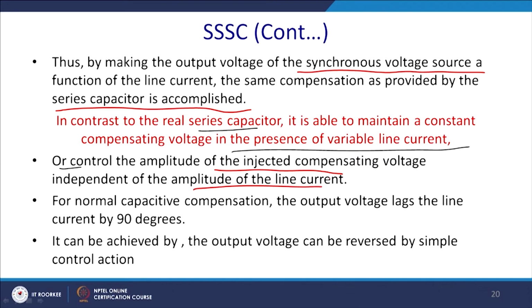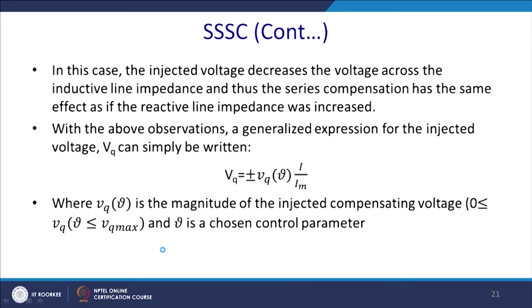So, what happened then? For normal capacitive compensation, the output voltage lags the line current by 90 degree, and it can be achieved by the output voltage that reverses the control action. So, we see this in the next slide.